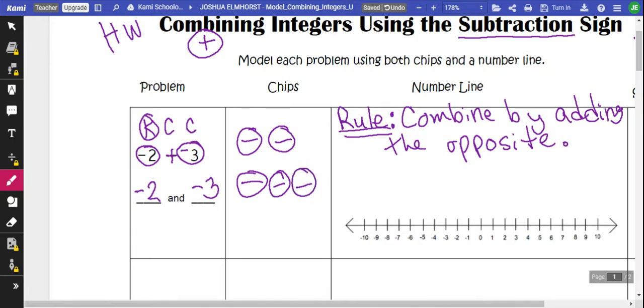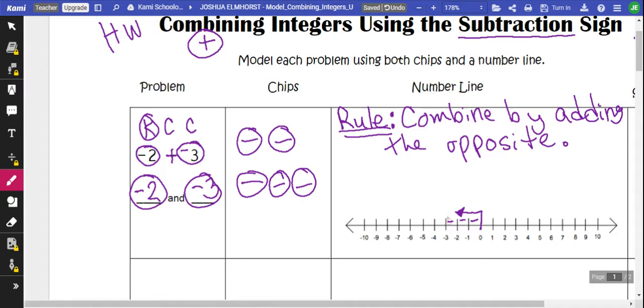And then on the number line, the first integer is going to be -2. So we're going to start right here at 0, and then we're going to put in -1, -2. So we go -2, draw the arrow, and then we go -3 more.